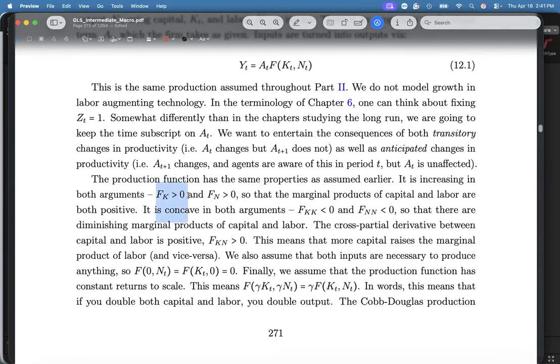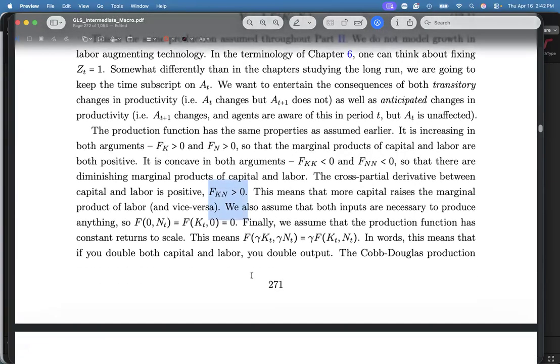The first derivatives are of course positive, the second derivatives are negative, and the cross derivative is positive. That means, for instance, that one interpretation is that the marginal product of labor rises when capital rises. Next, you've got CRS.